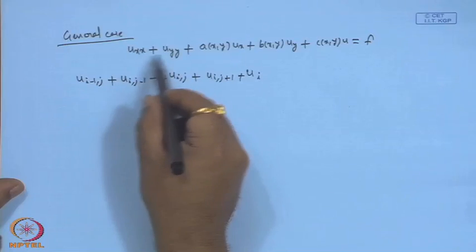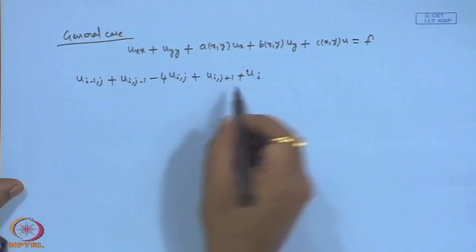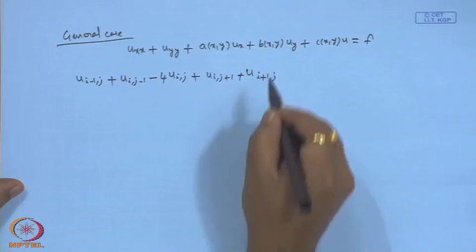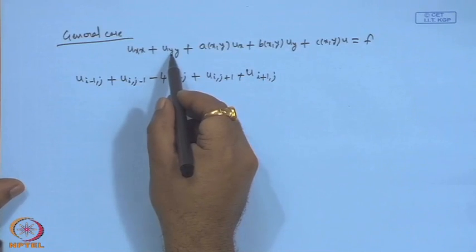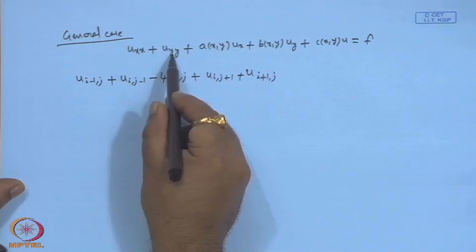So, for this and this, from here we get I minus 1 j, then we need I plus 1 j, then from here I j minus 1, I j plus 1, then minus 2 I j minus 2 I j.